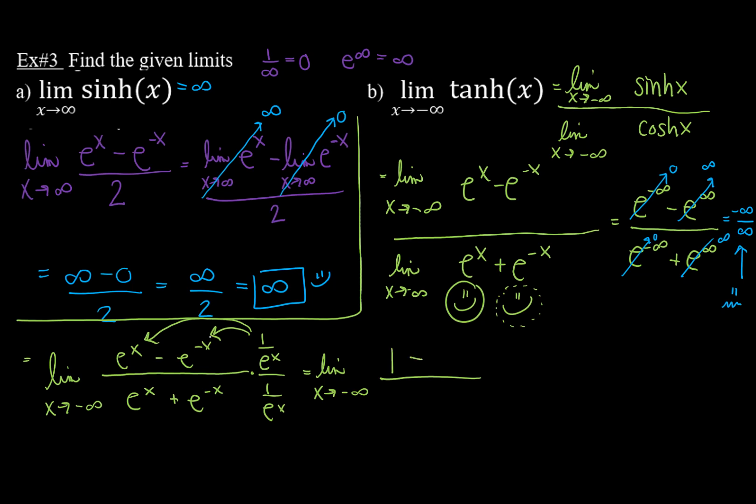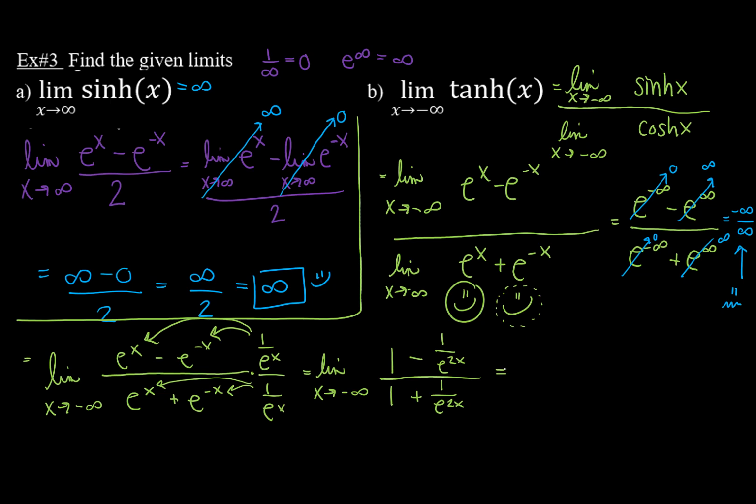And then here I've got e to the negative x divided by e to the x, which is going to give me 1 over e to the 2x, or e to the negative 2x. And then I'm going to do it down here as well. So I've got e to the x over e to the x gives me 1. And here I'm going to have plus 1 over e to the 2x.